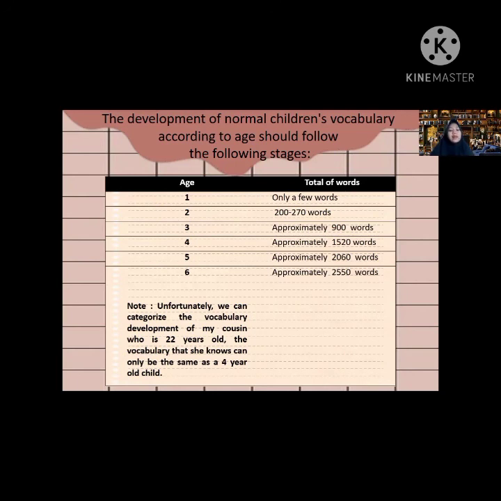So we can get the point that unfortunately, if we try to categorize the vocabulary development of my cousin who is 20 years old, it can be the same as a 4-year-old child.